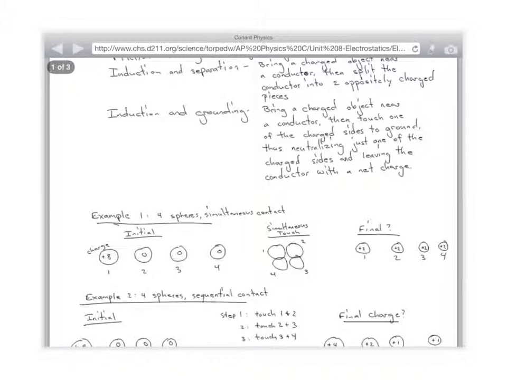Wouldn't it be -2 kqq over d squared? -2, right? Because 2 times -1 is -2. Or another way to say that is 2 attractive. Good so far? Now, what if you took those 2 balls and went doink, so they touched together and then separated them again? What's the new force?